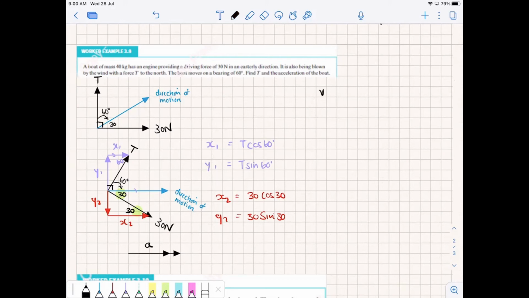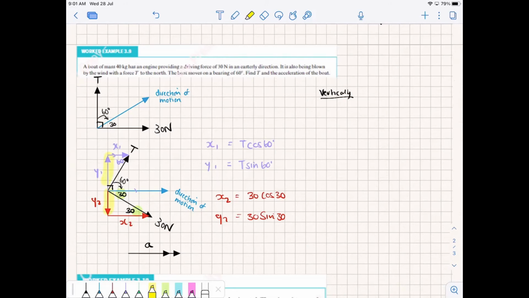So let's solve vertically first. Let's identify the forces that occur vertically. And they just happen to be the two component forces that I've just separated out.